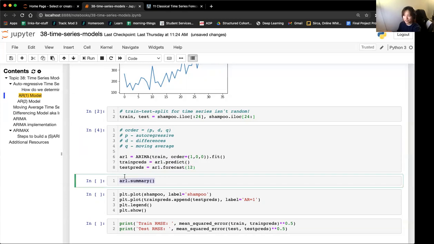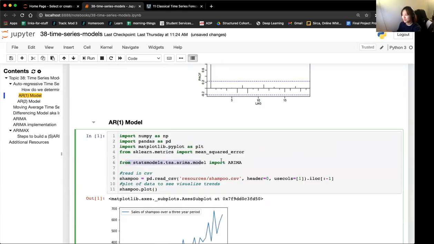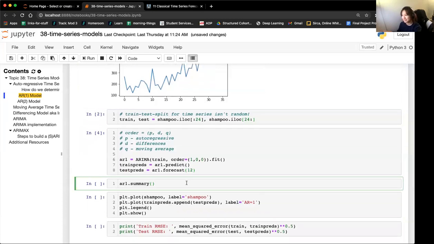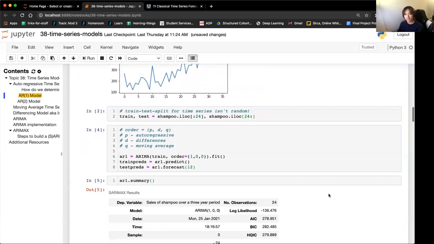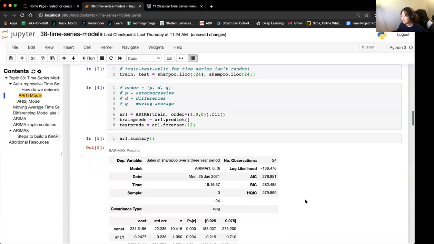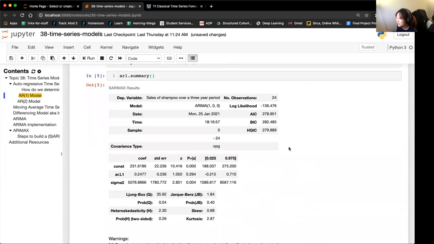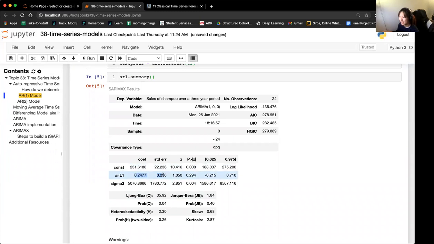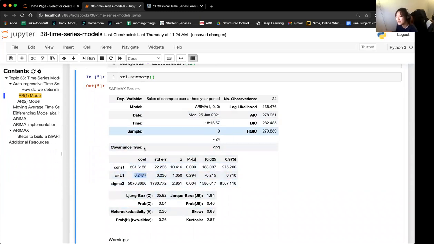And just like our linear regression, this comes from statsmodels, by the way. Just like linear regression, we can get that output that we like to see. So this looks very, very similar. Let's talk about a few things. As with our linear regression, we have coefficients, which is awesome.